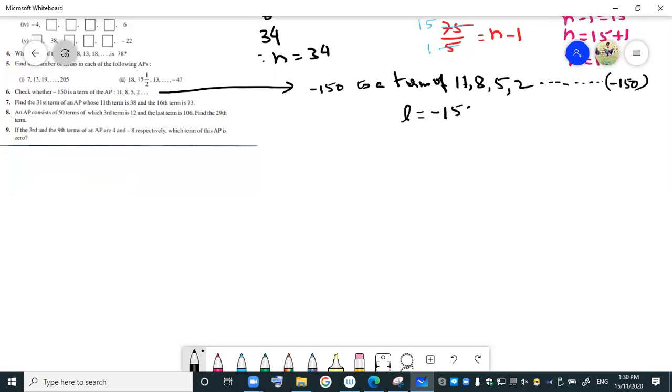So L is minus 150. Again here A is equal to 11. Common difference is second term minus first term, 8 minus 11, that is minus 3.